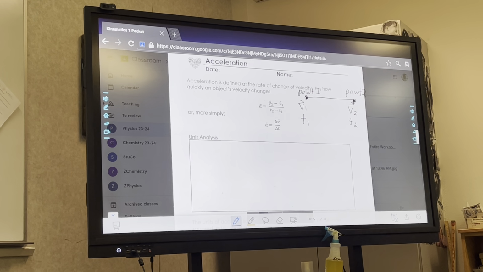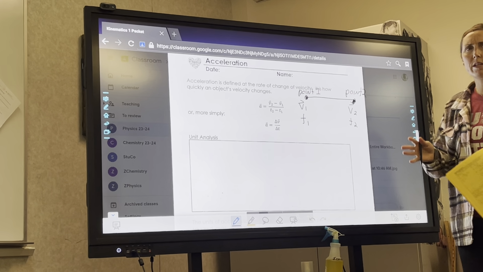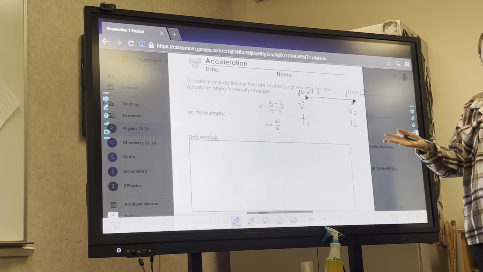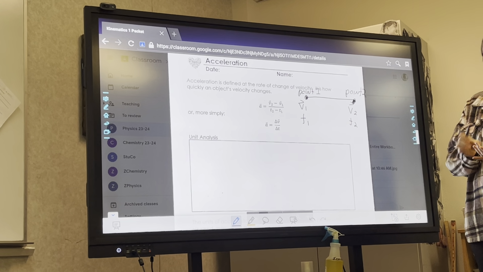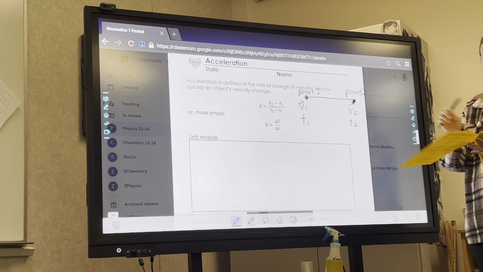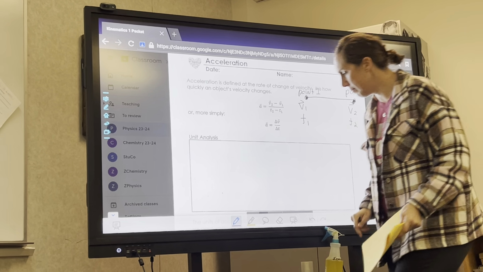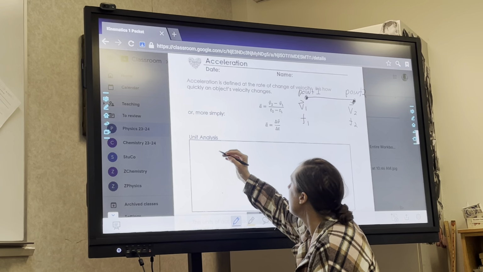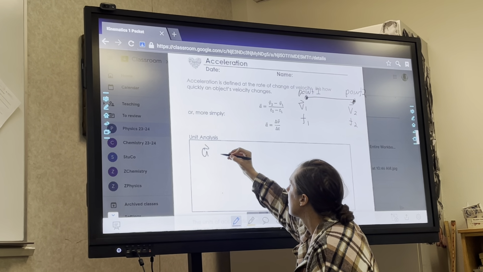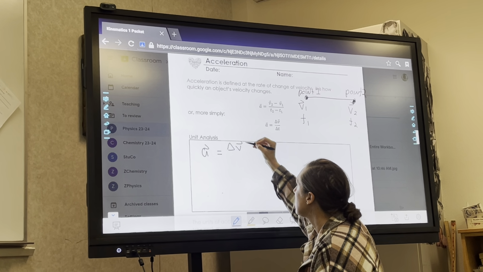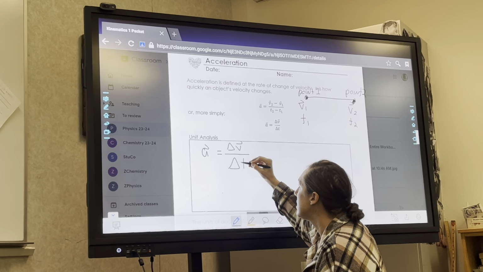Okay, so the next thing they wanted to point out is, why are the units going to be so weird? We've never seen units like this before. Well, let me tell you why. Acceleration, the formula, like we just read, is the change in velocity all over the change in time.